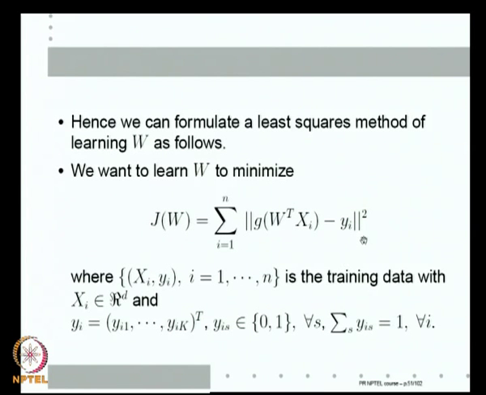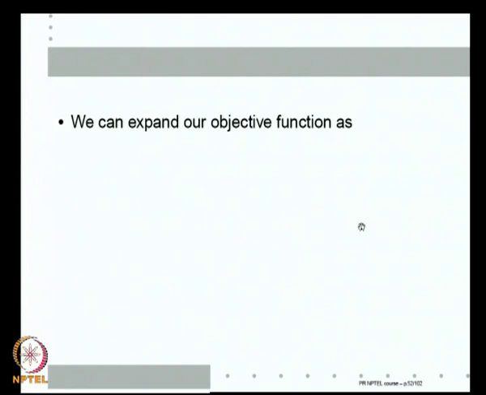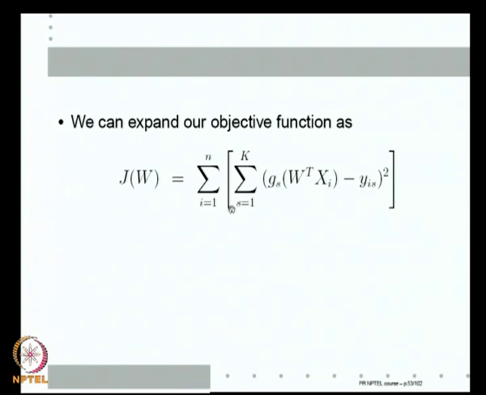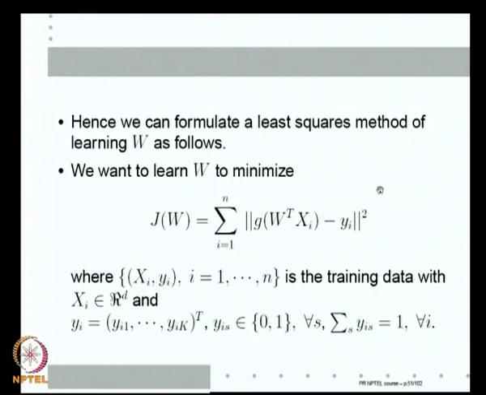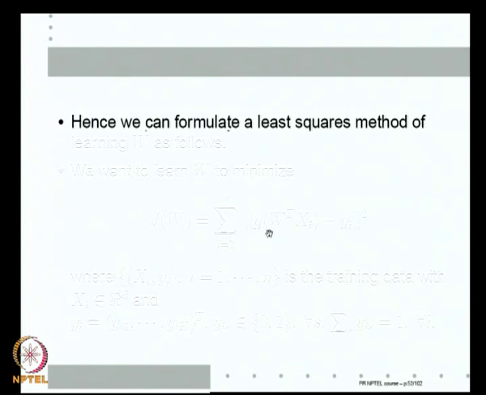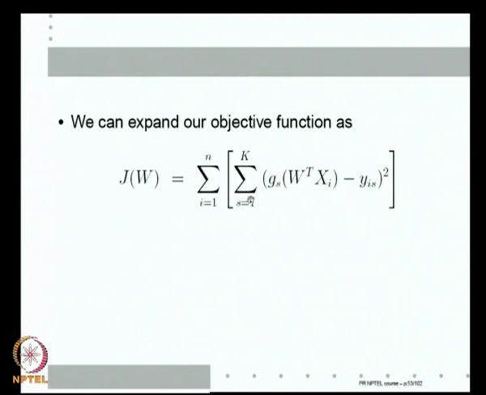By expanding this norm, we can simplify our J of W as follows. Outer summation still remains i equal to 1 to n. The inner one, this norm, recall that both g of W transpose x_i and y_i are k vectors, right. So, I can write the norm as an inner summation s equal to 1 to k, g_s of W transpose x_i minus y_is, whole square.